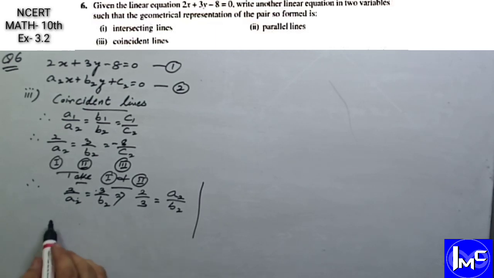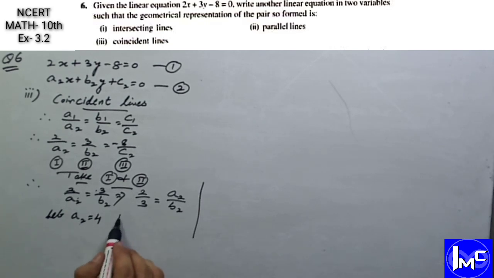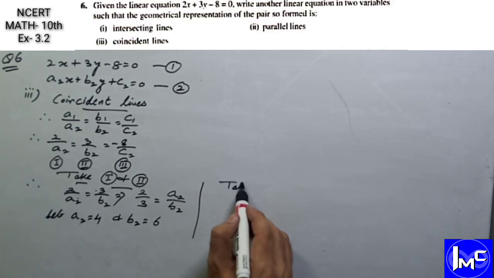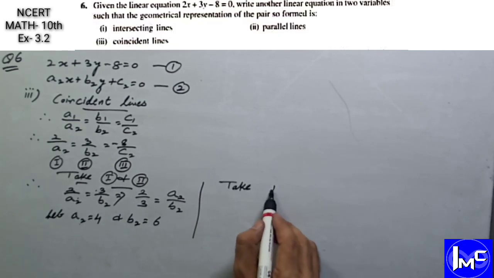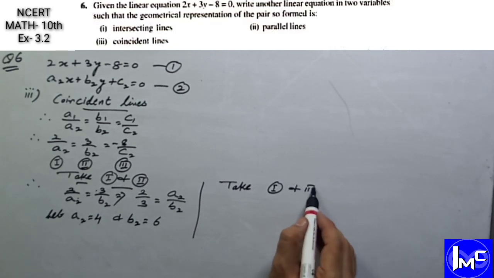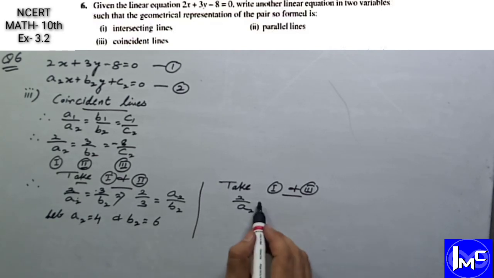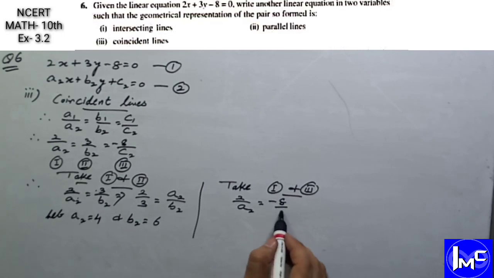Now we will take the values of a2. Let a2 be 4 and b2 be 6, and we will check whether 4 and 6 make 2 by 3 or not. 4 by 6 will make 2 by 3. Take first and third. It will make 2 over a2 is equal to -8 over c2.